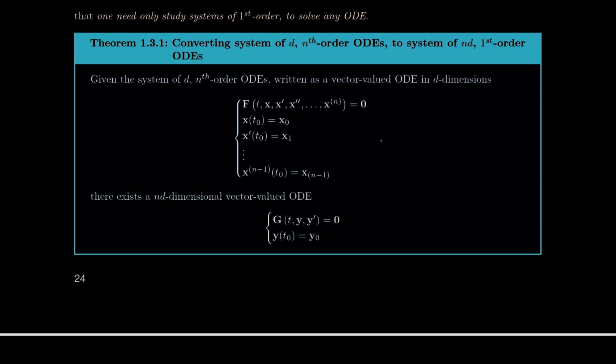The way this theorem works is we've written this as a vector valued ODE, and that's why I've got my boldface x's here. Every one of these x's is in some d-dimensional space.